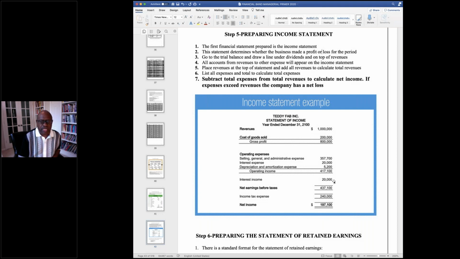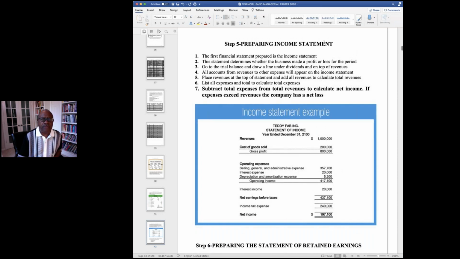We had interest income of 20 that got us up to 437. We subtracted out the income taxes, and so this got us to a net income of 197,100. This is a comprehensive income statement as a guide.